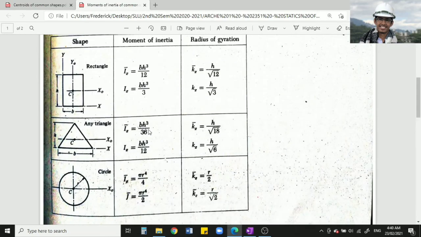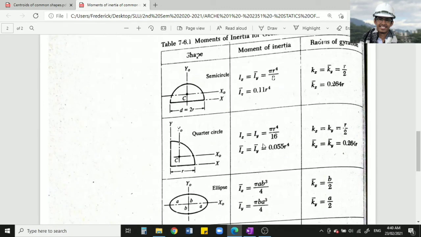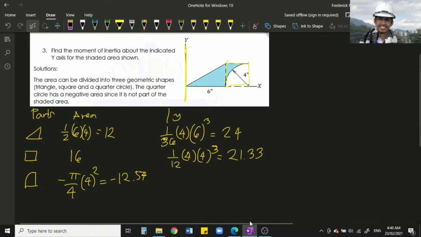And for the quarter circle, so ano yung moment of inertia ng quarter circle natin? So for the quarter circle, so that will be Ix equal to Iy. So same lang din siya. That will be pi r raised to 4 over 16 or 0.055 r raised to 4. Okay. So i-substitute na lang natin.